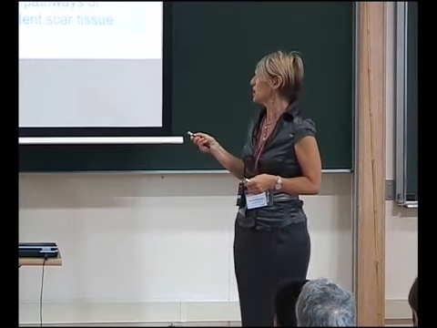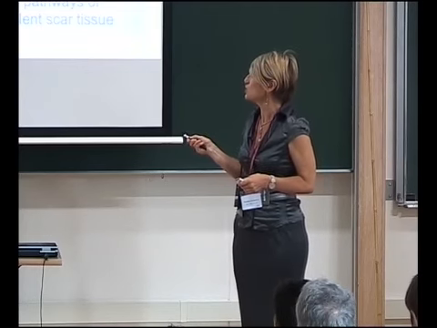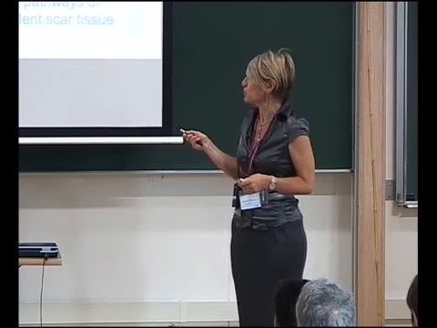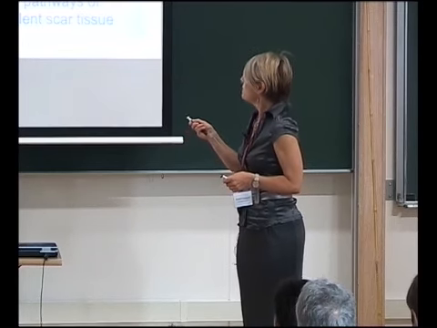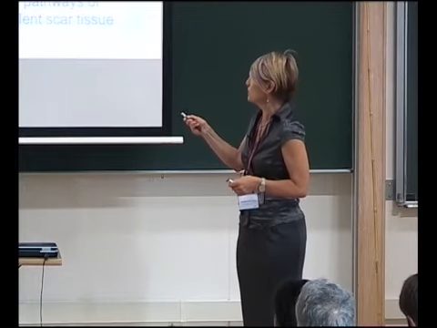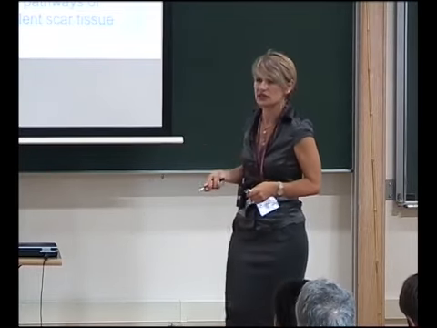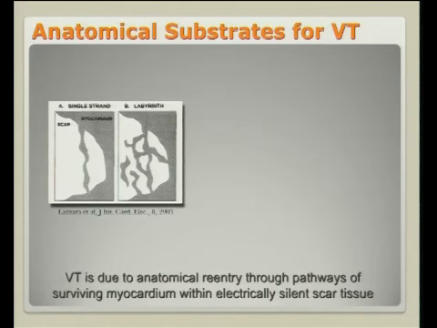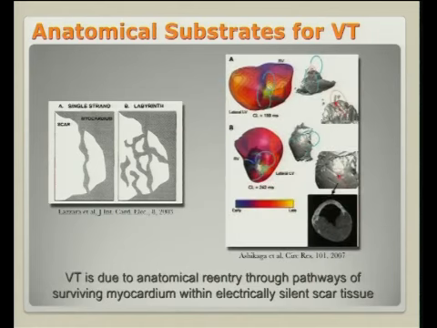And in this review paper by Rolf Lazara, he presented these graphs that embody the statements made by Jacques de Backer and Bill Stevenson, in which there is a tortuous propagation through these pathways that exist within the scar, and therefore the reentry occurs in this anatomical pathway.